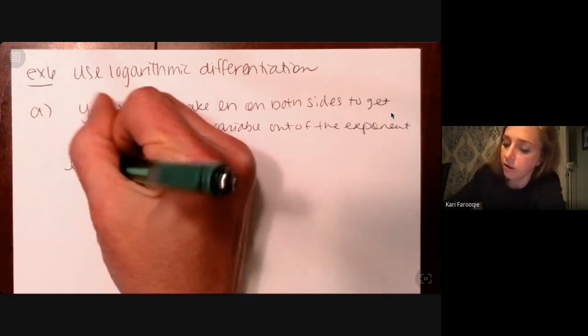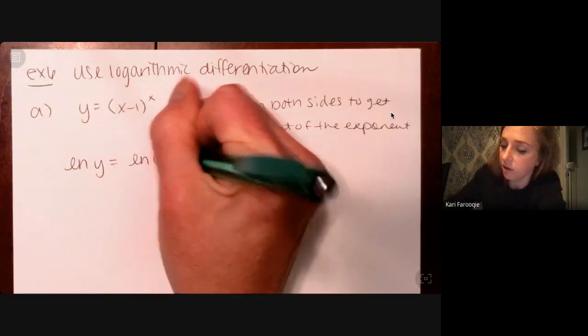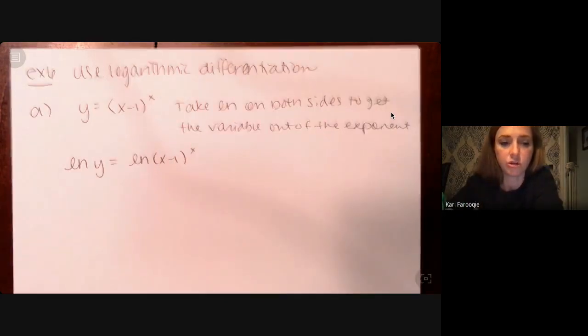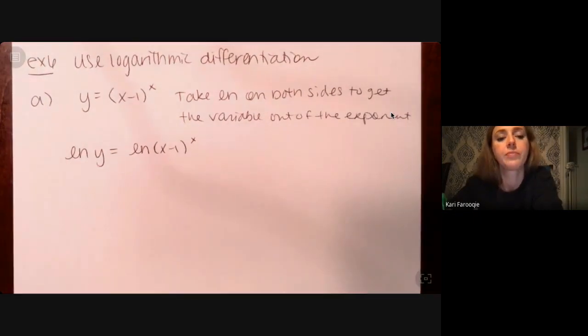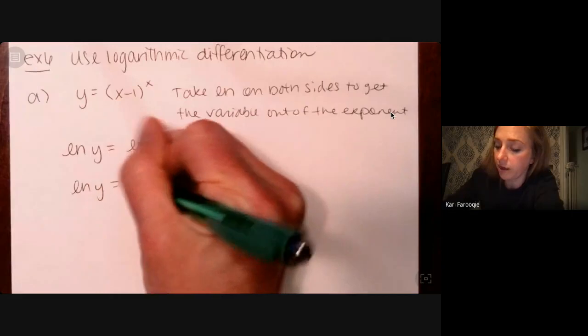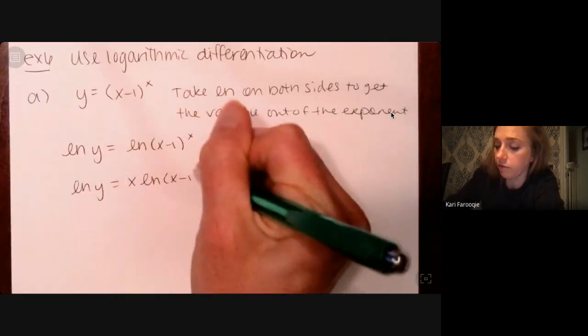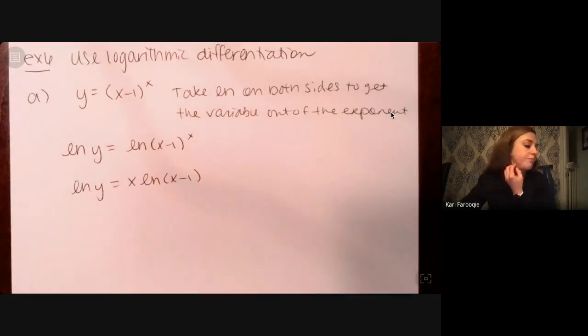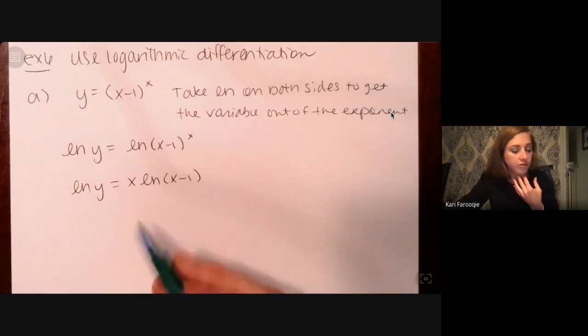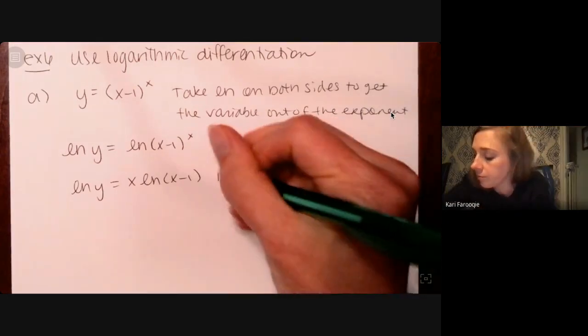All right, so ln y is ln x minus 1 to the x power. So as long as you do it on both sides, then you haven't really changed your equation at all. Now you're going to use the power rule to bring that variable out front of the logarithm. Once you have that out front, now you're going to differentiate implicitly.